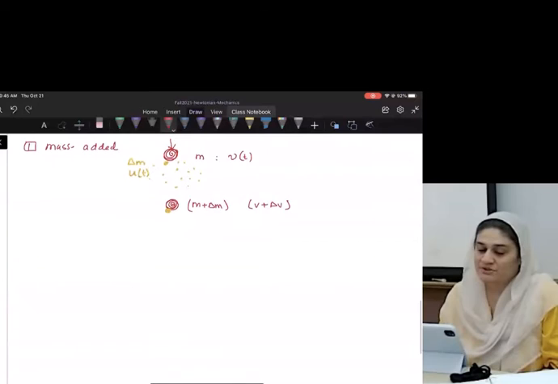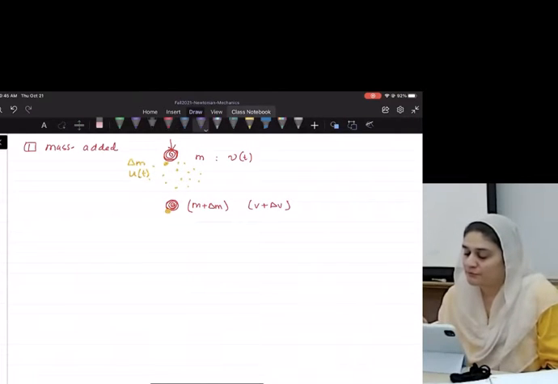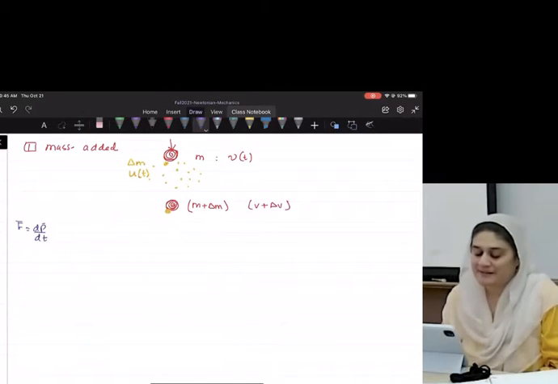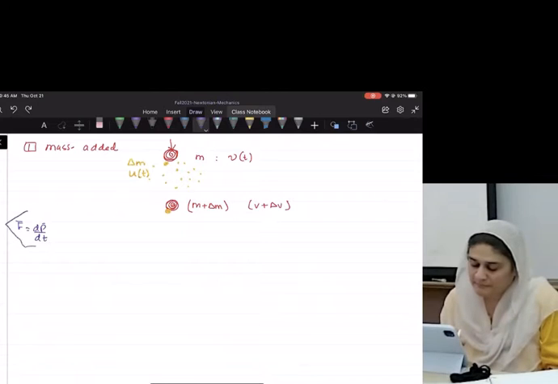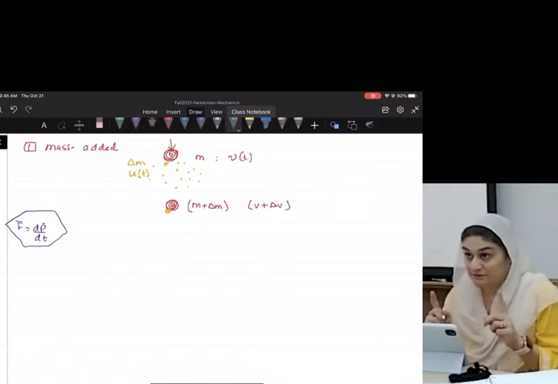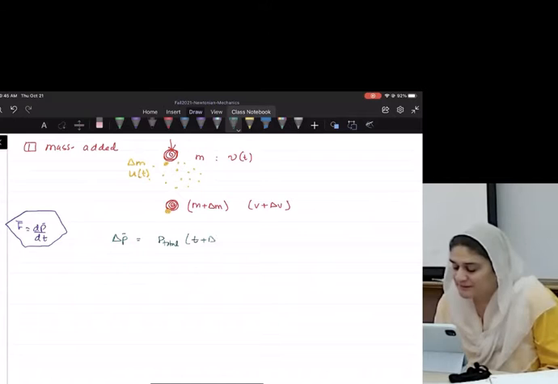So in order to solve for this, I know, okay, force was what? dP over dt, and that's what I'm looking for. So keep this in mind. This is what we're looking for, right? We're looking for F. May I write delta P as P total at time t plus delta t minus P total at time t.